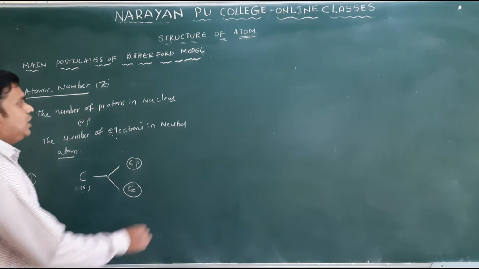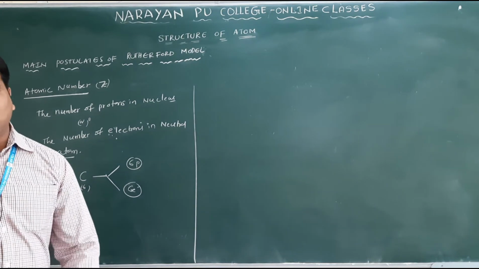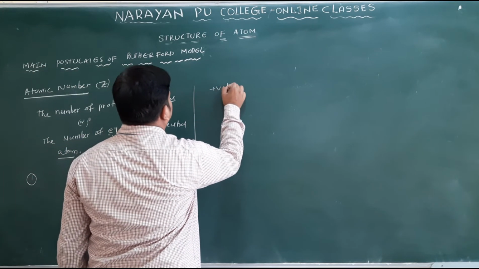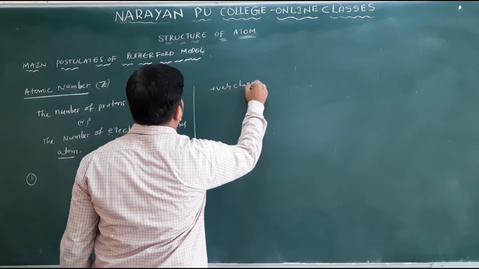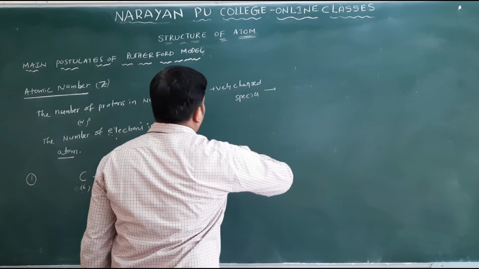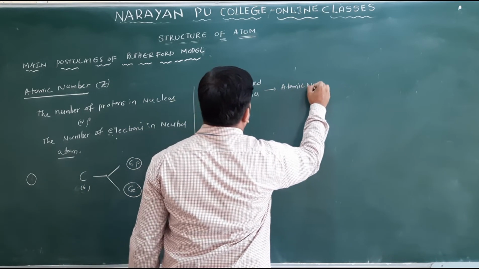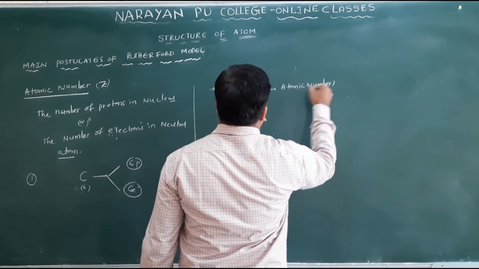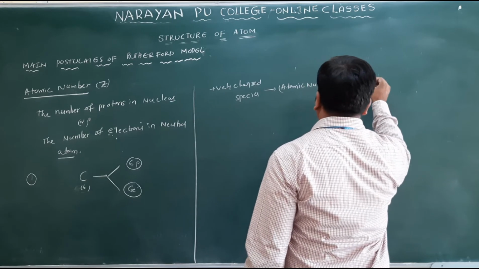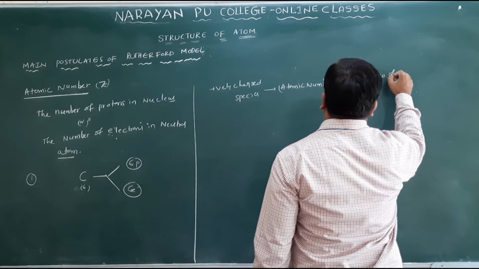This is in the case of a neutral atom. Suppose you take ions, a positively charged ion or a negatively charged ion. If we take a positively charged species, then the atomic number Z is equal to the number of electrons remaining plus the number of electrons lost.